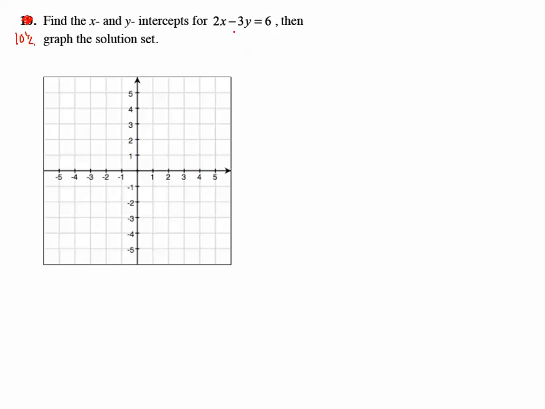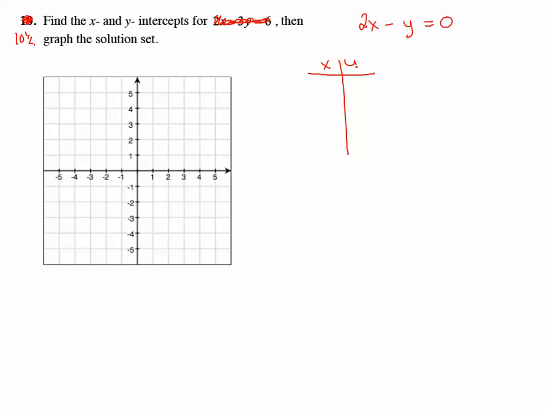Okay, how about this? I'm going to change this into 2x minus y equals 0. The only time this little process of intercepts does not work is when you have this 0 all the way at the end. So if it's set equal to 0, we got ourselves a problem.